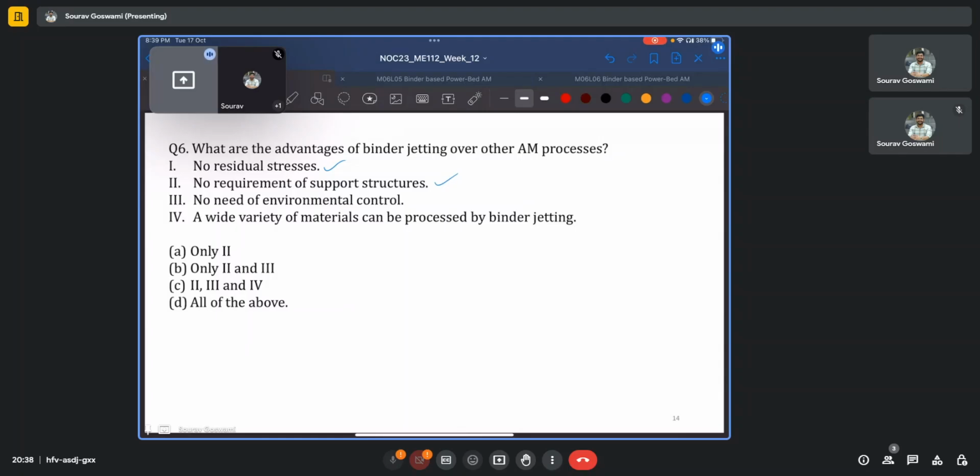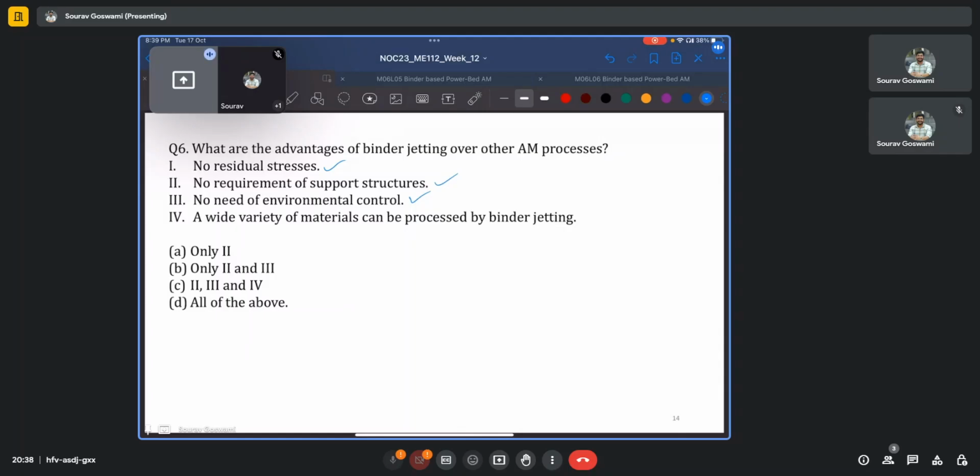Similarly, as we discussed in the last question, there is no need for any environmental control either. Because the process temperatures are low, there is very low chance of, say, oxidation or any corrosion or any chemical thermally induced reaction, and neither do we need a vacuum. Thus, the environmental control is not needed.